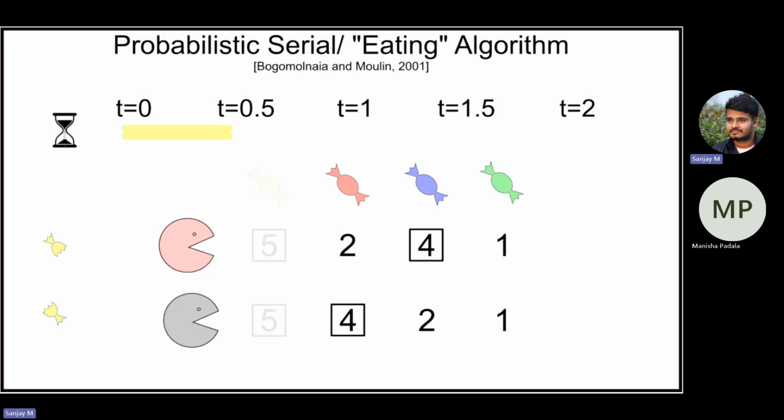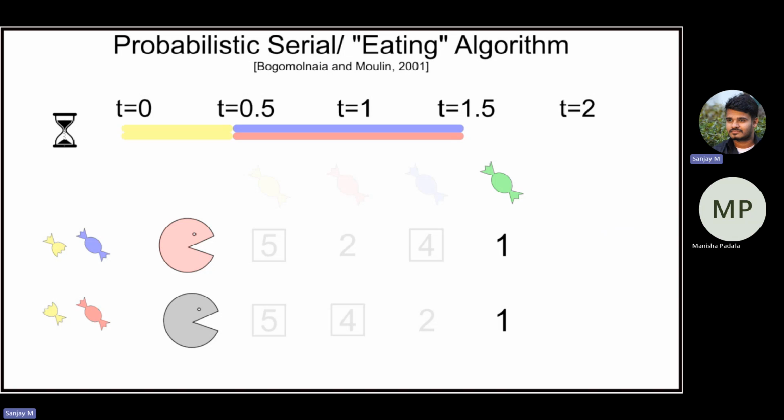Starting at t equals 0.5 and until t equals 1.5, the two agents will eat completely the two different candies. Is the execution of the algorithm clear? In the last half a second, they both converge to the green candy and eat half and half of that. Once you finish running this algorithm, you get an allocation like this.